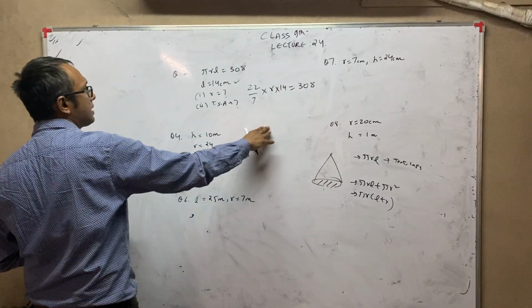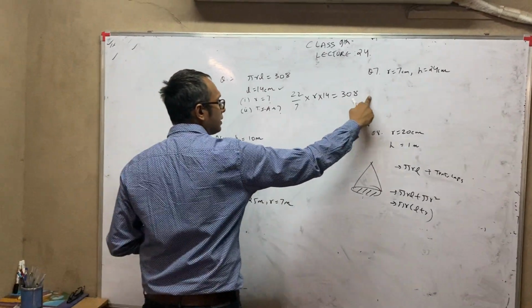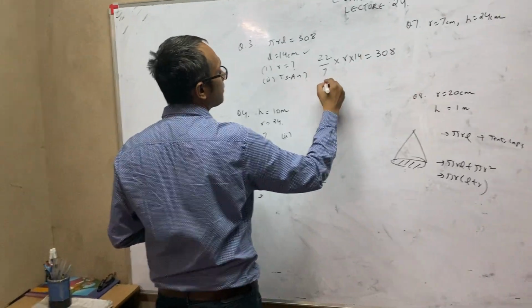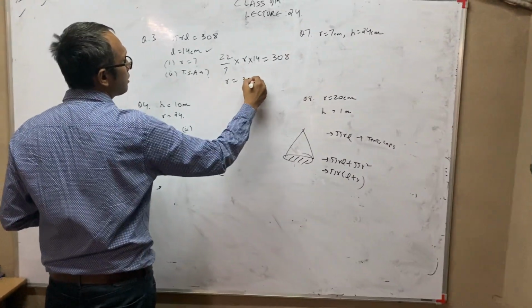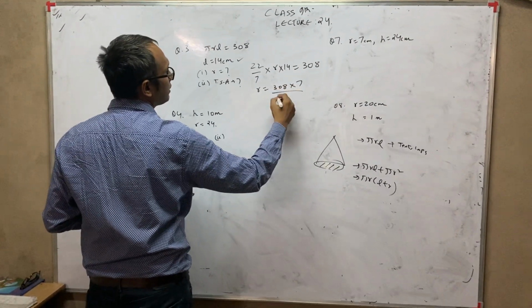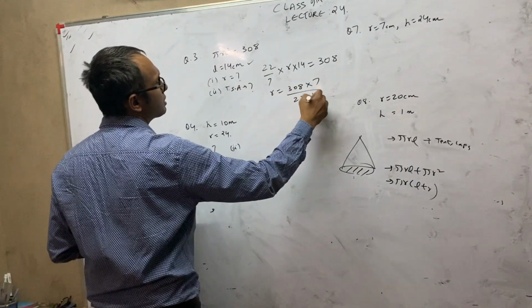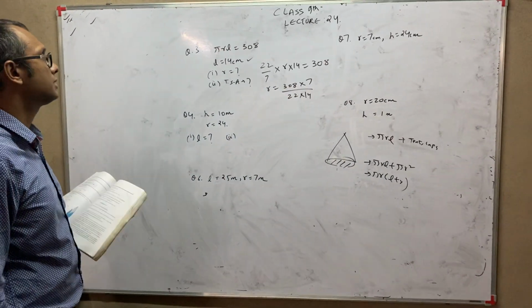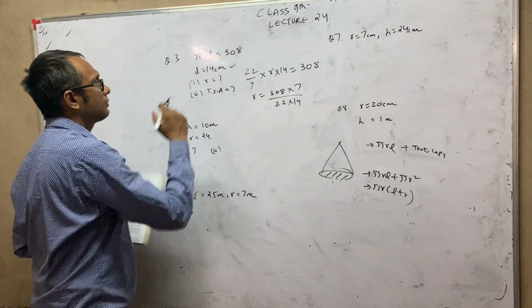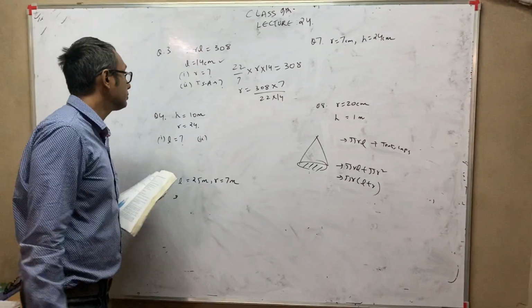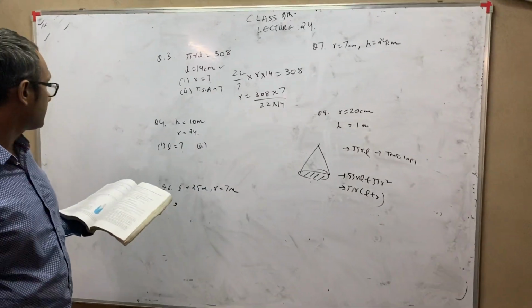So this is the first step, and then this 7 will go here and these two will go in the bottom. 308 into 7, and then after this you will just finish the sum as you know how to finish it. You will get the radius and then of course total surface area formula now you know.